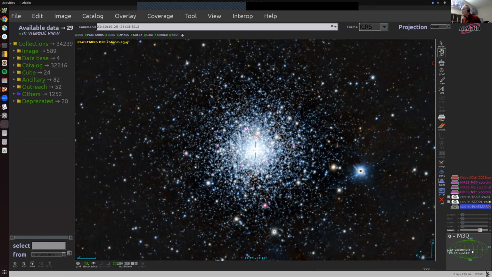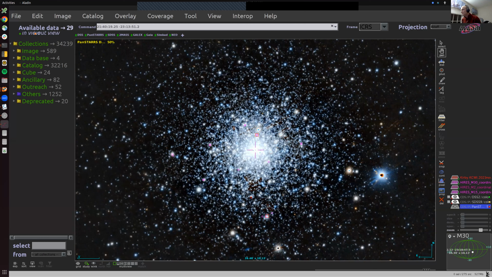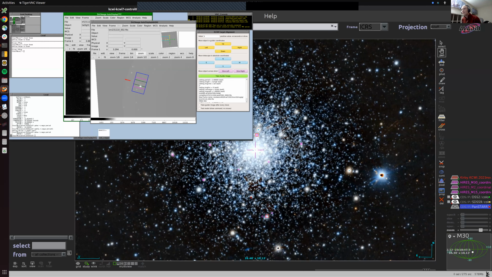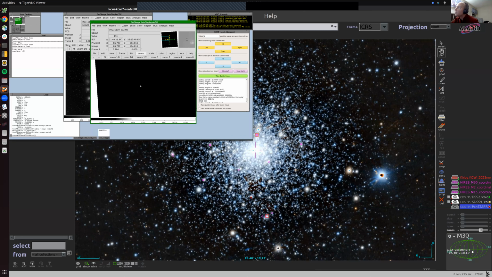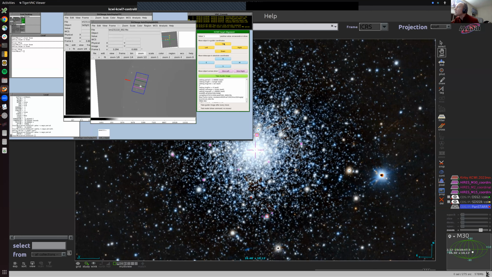I would like to try pointing 2 instead of pointing 1. Actually, hold on 1 second. Yeah, no, I'm not a fan of that. Actually, no. Okay, I see it now. Those 3 stars there. Could we move the object up in guider coordinates? So I want to move it right then, because I want to get this star here a little bit closer to the center of the frame.